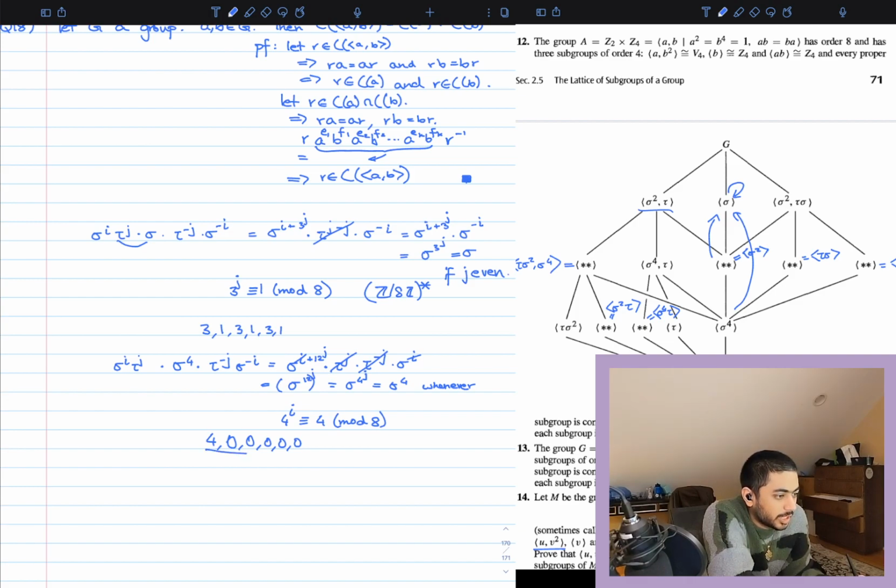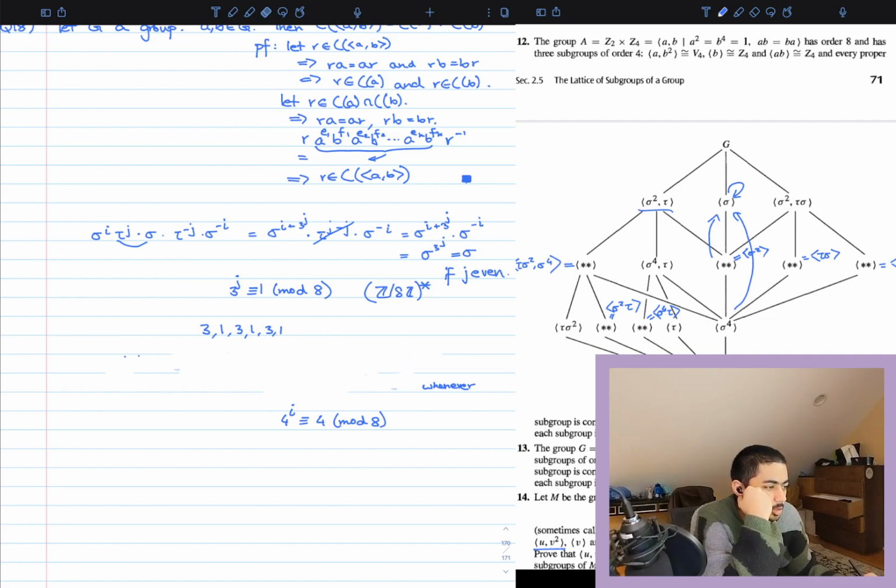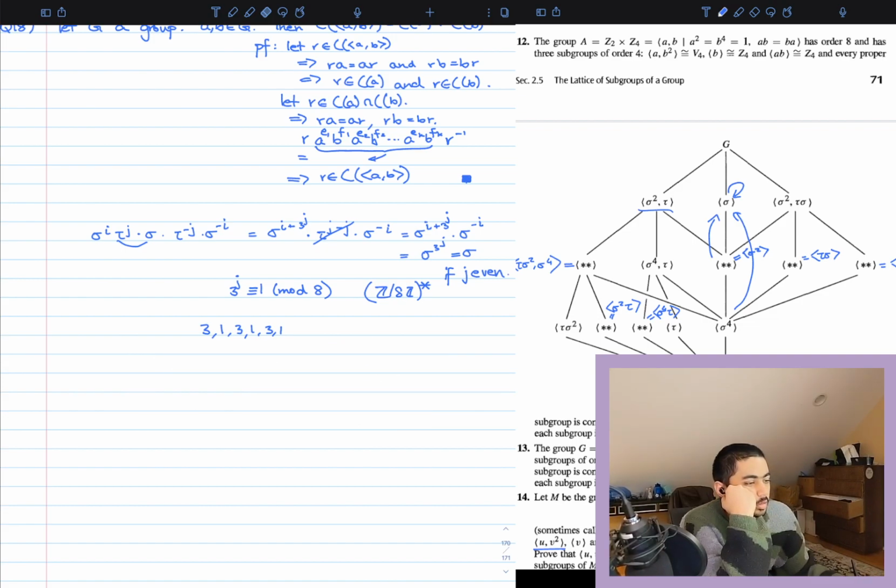So whenever j equals 1, I'm confused. Maybe I did the swapping wrong. Let's do some casework. Yeah, that'll actually make life easier.